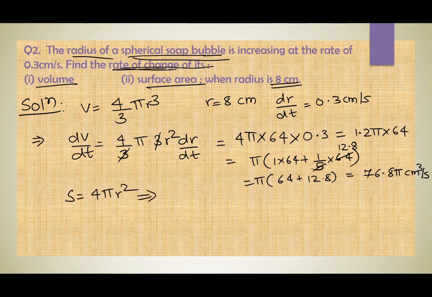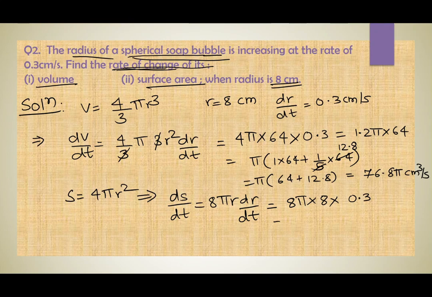Let's differentiate this. You will get dS by dt is equal to 8 pi r into dr by dt. Okay, dS by dt is equal to 8 pi r into dr by dt, that is equivalent to 8 pi. r की वैल्यू देखो कितनी है, r की वैल्यू है 8 into how much is this value? This value is 0.3.